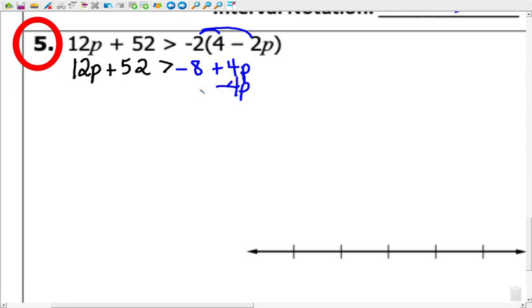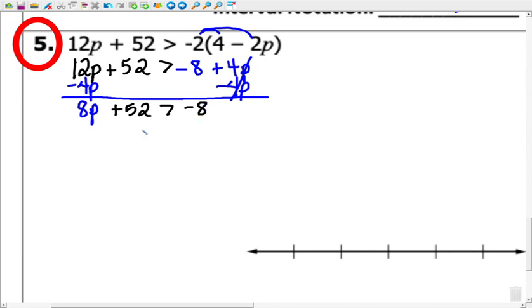I'm going to start by subtracting my 4p. This gives me 8p. Bring down the rest. I need to subtract my 52. This is going to give me 8p is greater than negative 60.